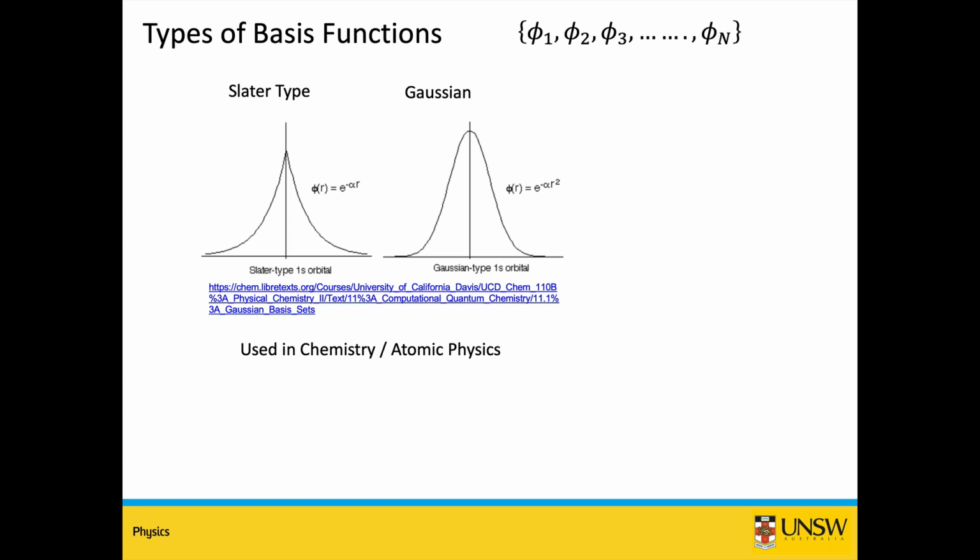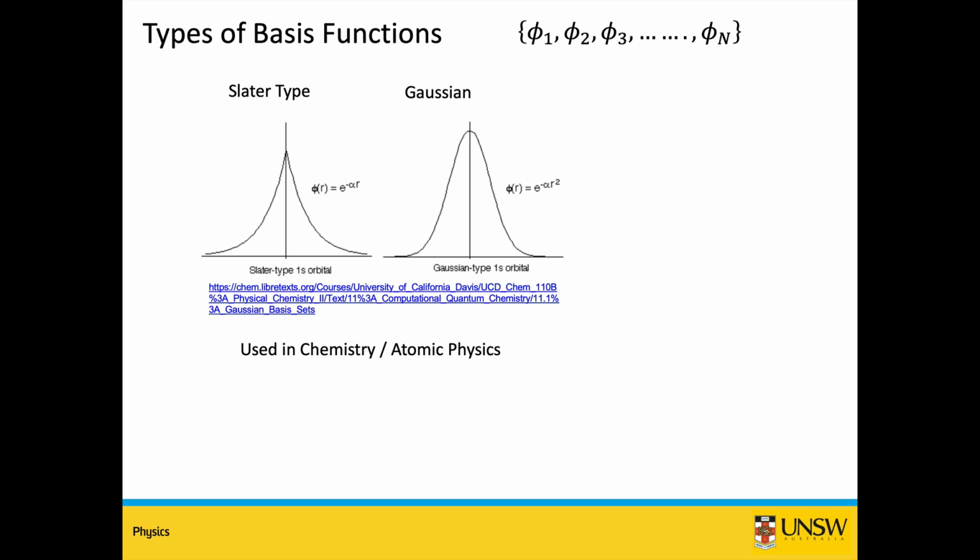The Slater orbitals follow an exponential decay curve, e to the power minus alpha r. r is the position. It decays radially, and alpha is the decay coefficient. So these are just forms of the Slater type orbitals. The Gaussian orbitals are similar, but they go as r squared. They decay as r squared of the distance.